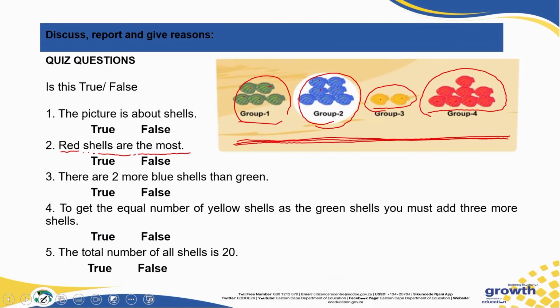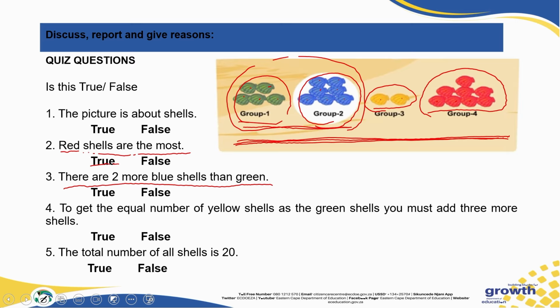Well done, great ones. Now we are moving to the third question. There are 2 more blue shells than green shells. That means now we are comparing these 2 colors, green and blue. Our statement says there are 2 more blue shells than green.